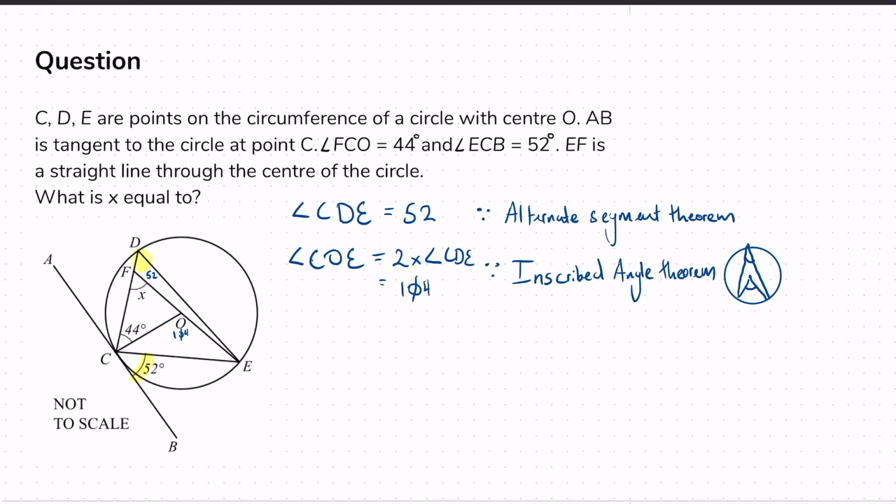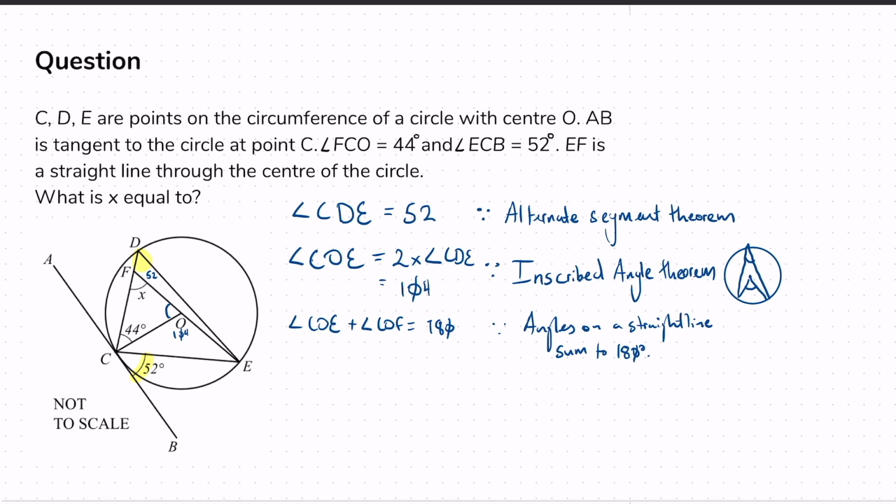Okay, so what else do I need? Well, because EF is a straight line, that means that COE plus COF is equal to 180. Why? Because angles on a straight line sum to 180 degrees.